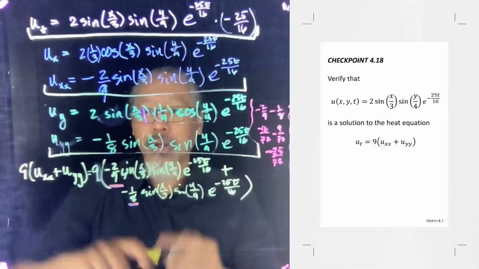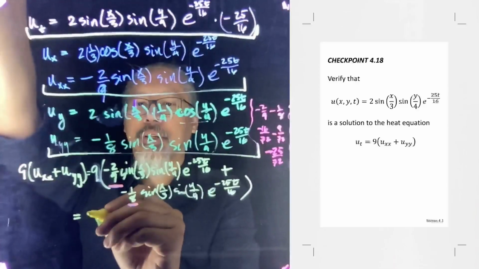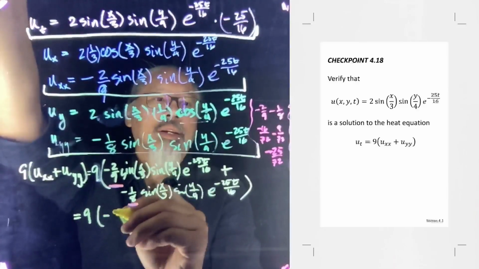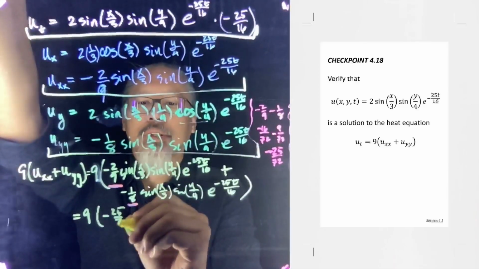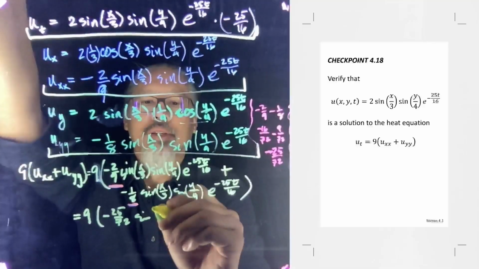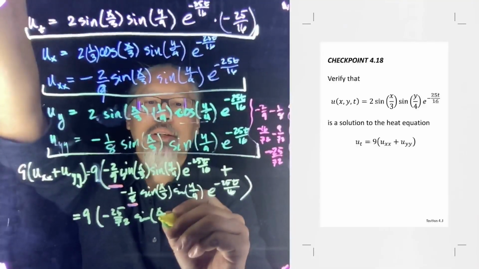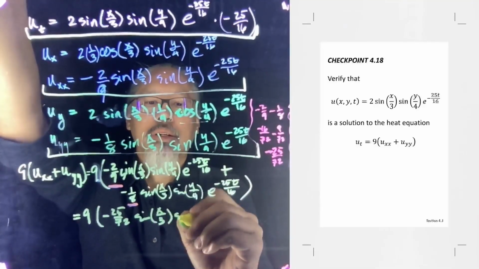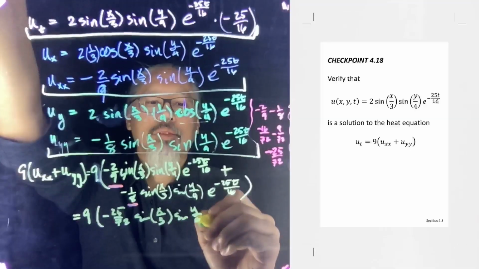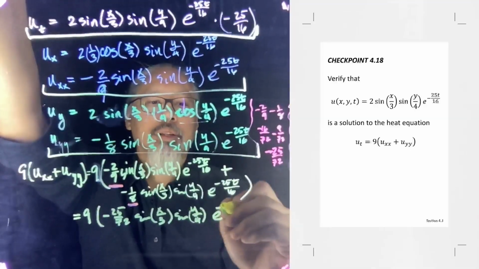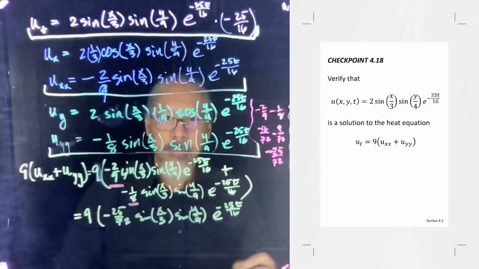So now we have this equal to 9 times negative 25 over 72 sine x over 3 sine y over 4 e to the negative 25t over 16.